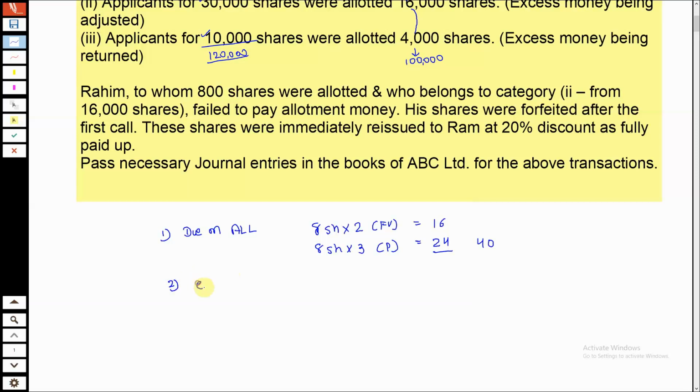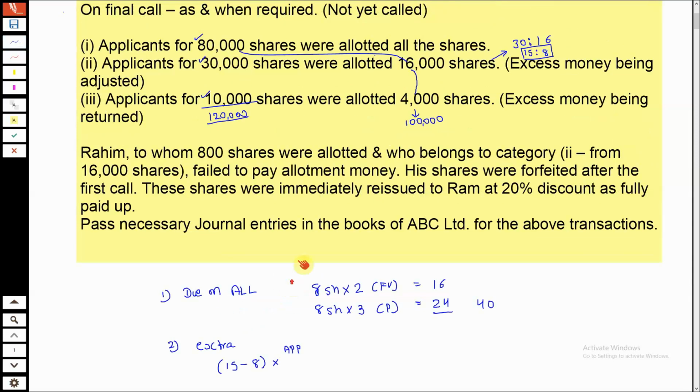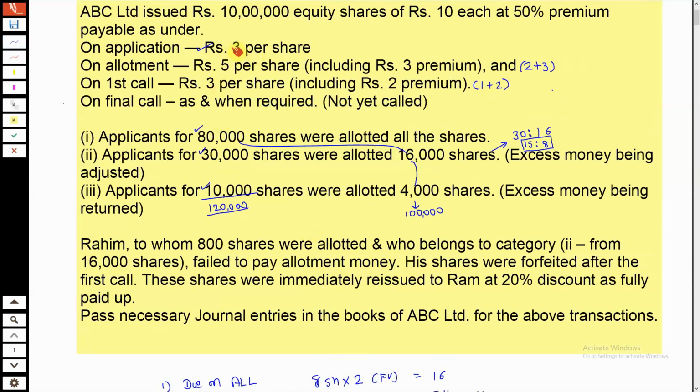And now I will write what is my extra money which I have already paid. So रेशियो है 15:8. इसका मतलब है कि I must have applied for 15 shares, but I have got 8 shares. It means that on these 7 shares I must have already paid at the time of application money per share which is ₹3.